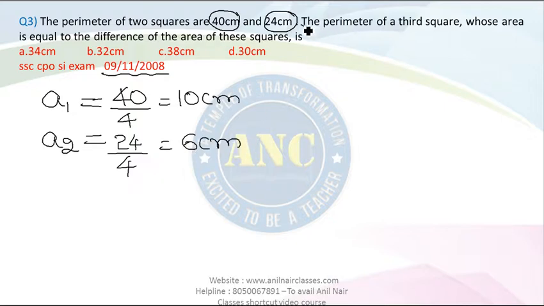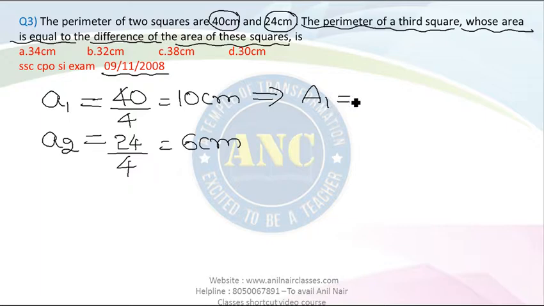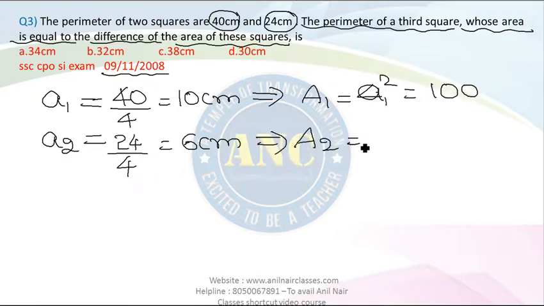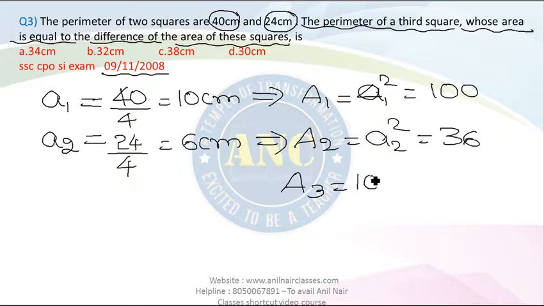I need to find the perimeter of the third square, whose area is equal to the difference of the areas of these two squares. Same question as my second question. The area of the first square is a1 squared, so it is 10 squared, 100. The area of the second square is a2 squared, 6 squared, 36. The area of the third square is the difference of capital A1 and A2, 100 minus 36, which is 64.